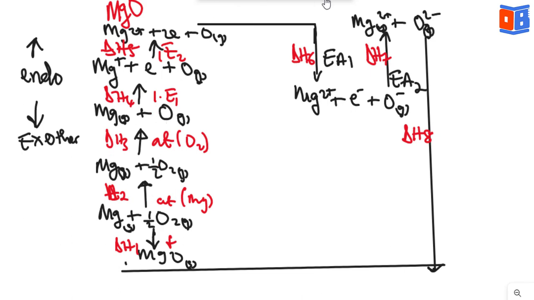If I take a clockwise direction, I am moving against this arrow for second electron affinity, and I'm also moving against this arrow for enthalpy of formation. So I'm going to say sum of root will equal sum of anti-root.